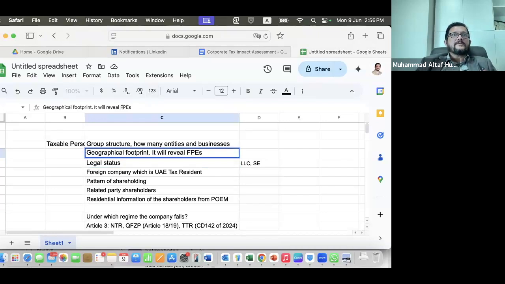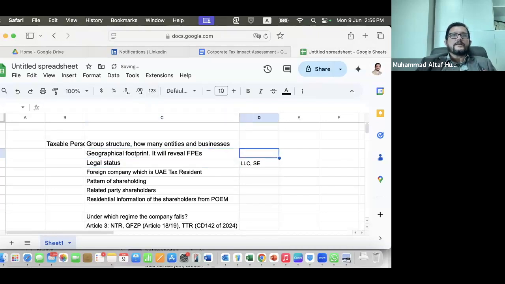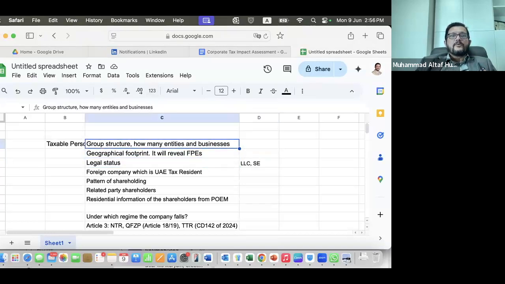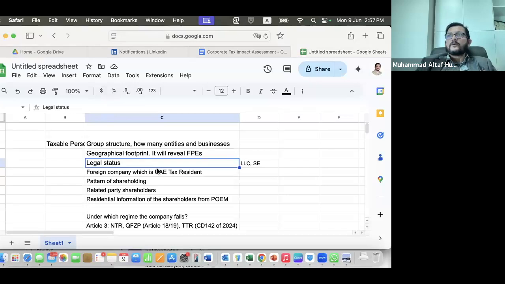Foreign permanent establishments, FPEs, especially. If local it is there, we'll find out. But what about outside UAE? So geographical footprint will reveal that automatically. We found out how many companies are there, where they are operating, what different legal status is there, body corporate or not, etc.